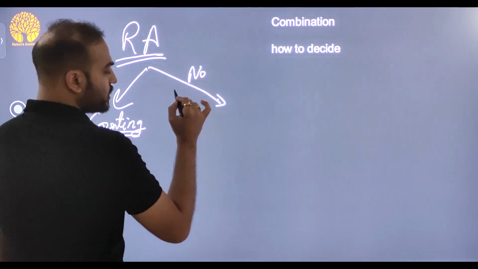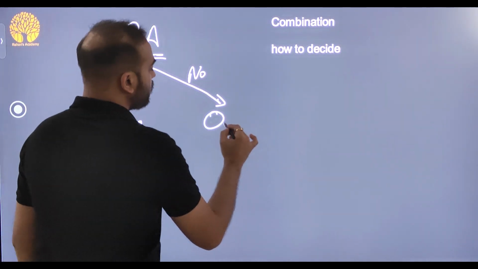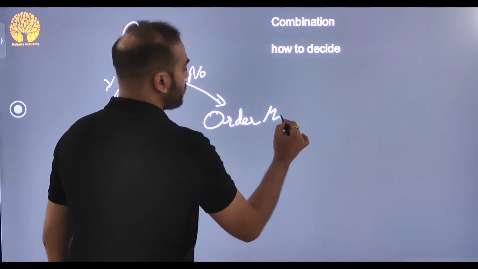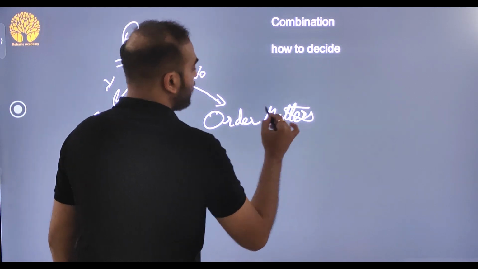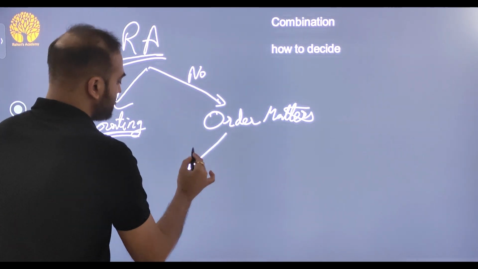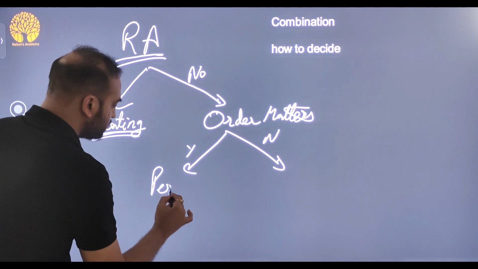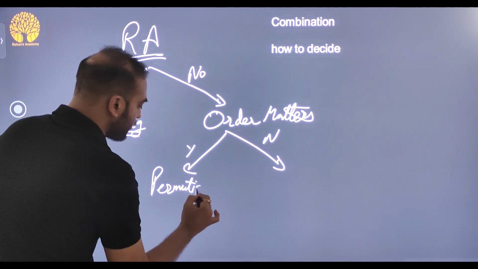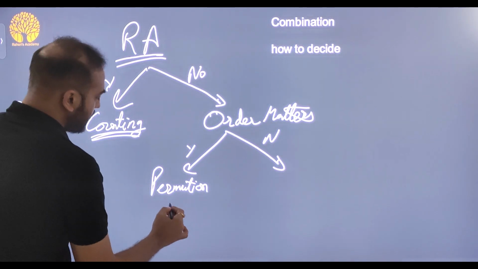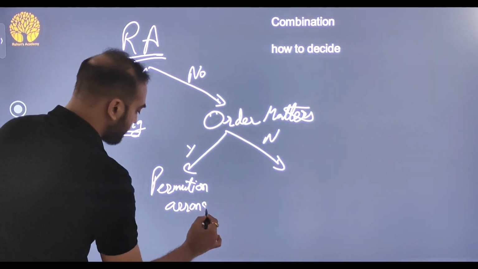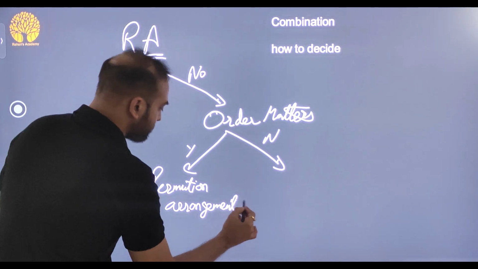If repetition is not allowed, then we check whether the order matters or not. If order matters, then we use permutation, because that is the question of arrangements.